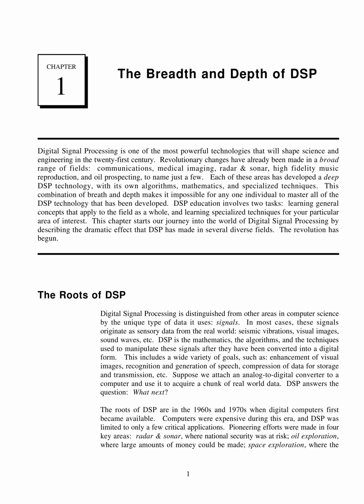This includes a wide variety of goals, such as enhancement of visual images, recognition and generation of speech, compression of data for storage and transmission, etc. Suppose we attach an analog to digital converter to a computer and use it to acquire a chunk of real-world data. DSP answers the question: what next?